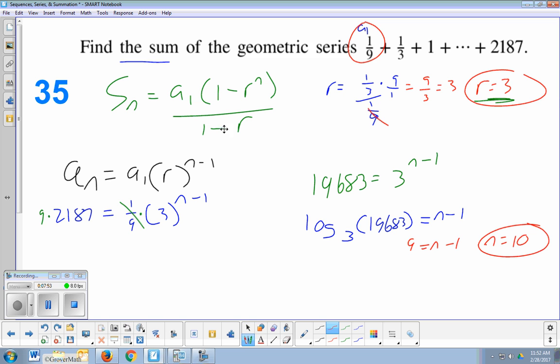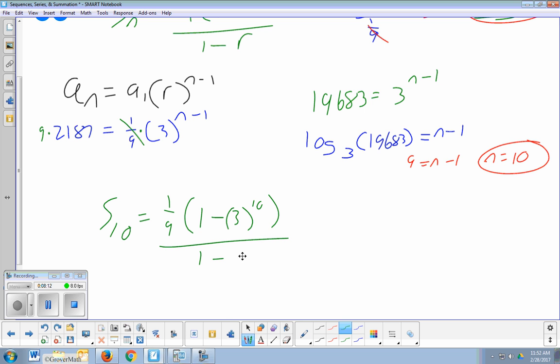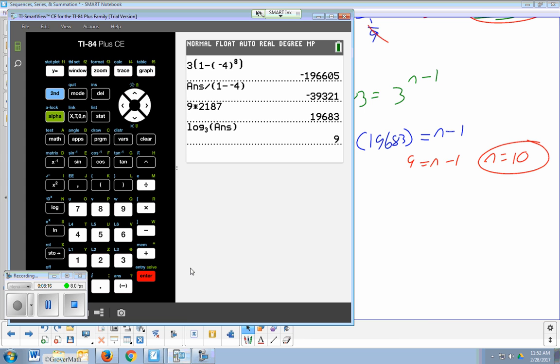So now I know I want the sum of 10 terms. So all of that is just so I can now do my sum formula of 10 terms, where my first term is a ninth, and 1 minus my rate to the 10th, so 1 minus r to the 10th over 1 minus r. And what does this all come out to be? So let's see.